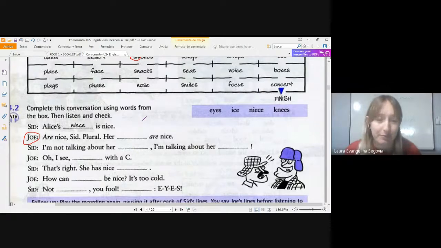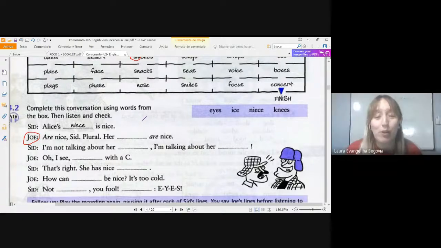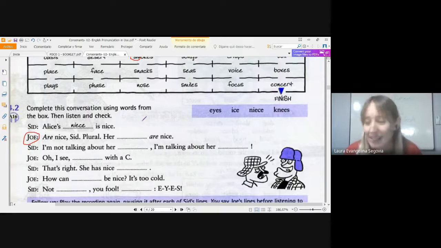Manuel? Oh, I see. Niece with a C. That's right. She has a nice niece. No, nice eyes. Okay, be careful because you said she has an eyes. No tiene un solo eye. Tiene eyes. Eyes. That's right.